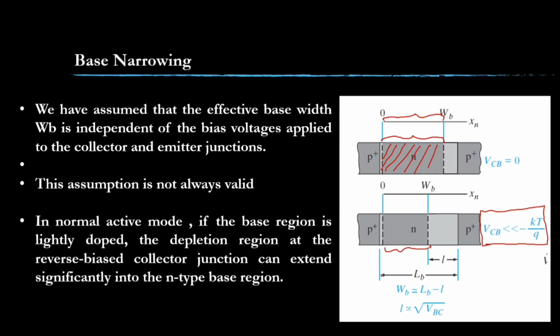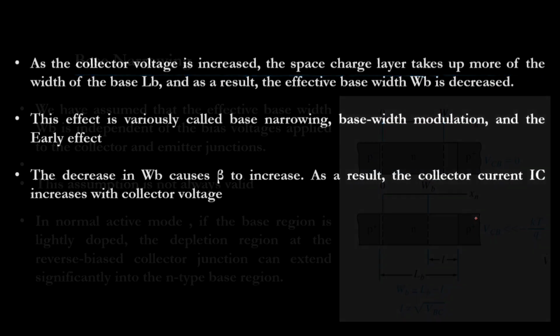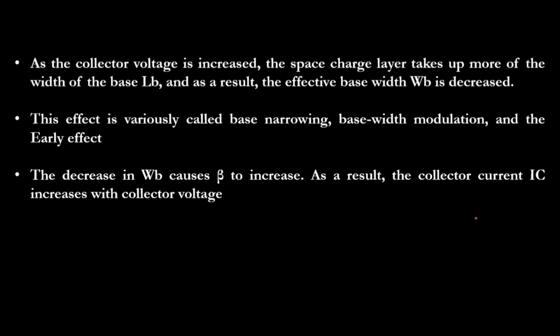If the total length is LB, and this is L, then the width is equal to LB minus L, and L is proportional to the square root of the voltage applied across the base and collector. That's the same thing explained here.